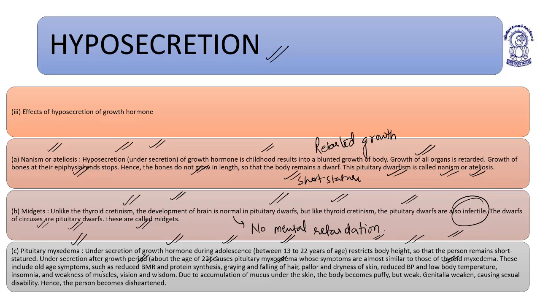These include old age symptoms such as reduced basal metabolic rate and protein synthesis, graying and falling of hair, pallor and dryness of skin, reduced blood pressure, low body temperature, insomnia, weakness of muscles, vision, and wisdom. Due to the accumulation of mucus under the skin, the body becomes puffy but weak. Genitalia weakens, causing sexual disability, hence a person becomes disheartened.